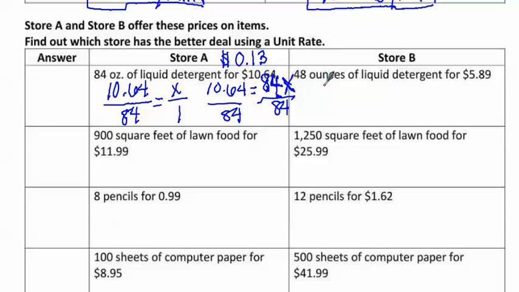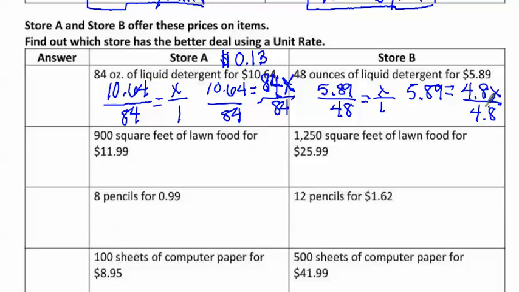For store B, it's $5.89 for 48 ounces. So you want to find how much money it is for 1 ounce. So you cross multiply. And solve. Once you solve, store B has an outcome of $1.12. So which one has the better deal in this case would be store A.